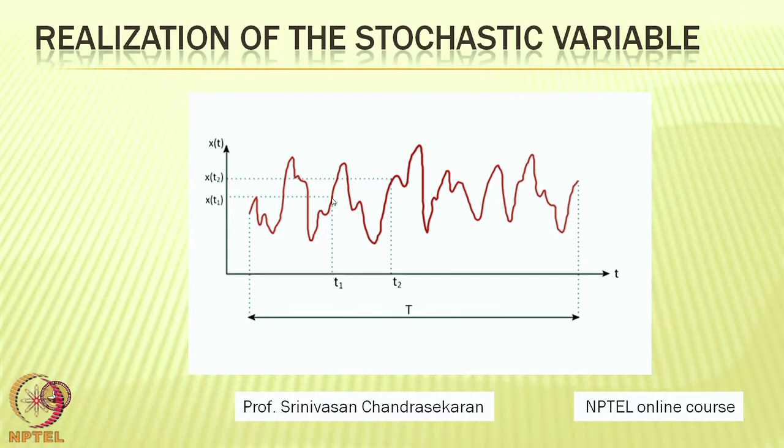I can call these respective values x t 1 and x t 2, which are assumed by the sample in the interval of 0 to T, where I am talking about capital T as the index set.